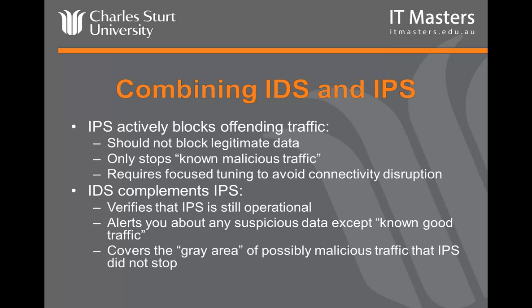In addition, IDS can also be configured to send alerts about grey area traffic. Okay, so that's data that is not clearly malicious, but we're not sure if it's legitimate as well, so it's called grey traffic. In that sort of case, we don't want that to be blocked by the IPS because it could be legitimate.